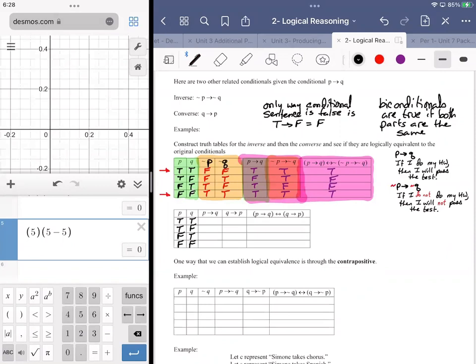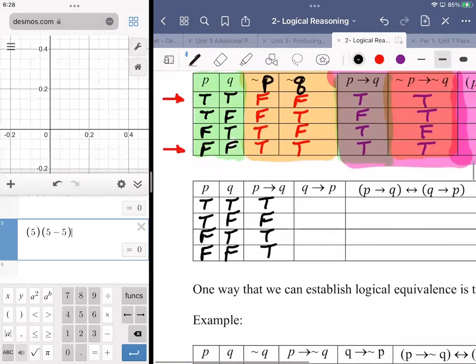P implies Q is true, false, true, true. Now Q implies P, that's going the other way around. Right? That's going from the Q's to the P's. So direction is important here because I'm saying go from the Q column to the P column, so basically read it backwards.